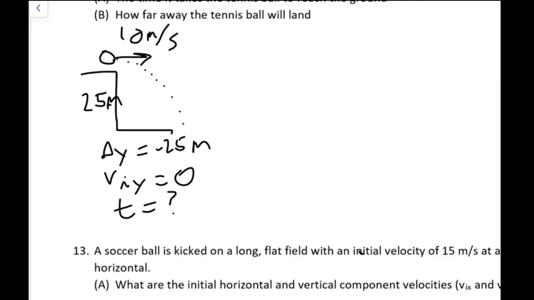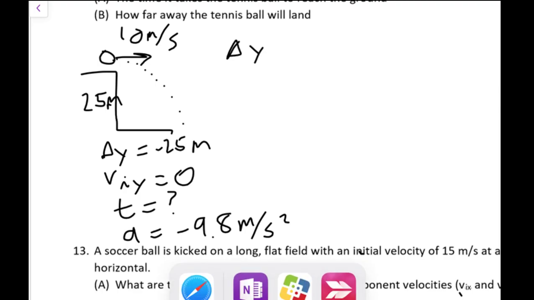And I'm also looking for how far the tennis ball will land, which is going to be delta x. And the other thing that I know, because it's in free fall, is that acceleration is negative 9.8 meters per second squared. So when you have those three things, you can look at your kinematic equations and figure out which one to use. The one you want to use is the one without v final, which is this one right here.